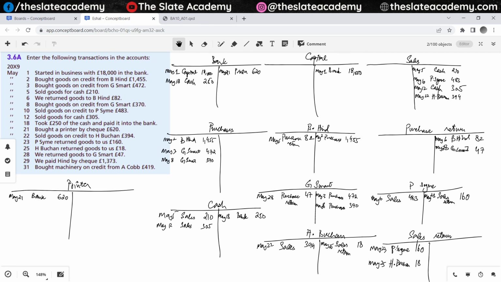Then we paid Behind by check, 1373. So Behind debit and bank credit. So Behind debit by 1373, bank, and May 29.